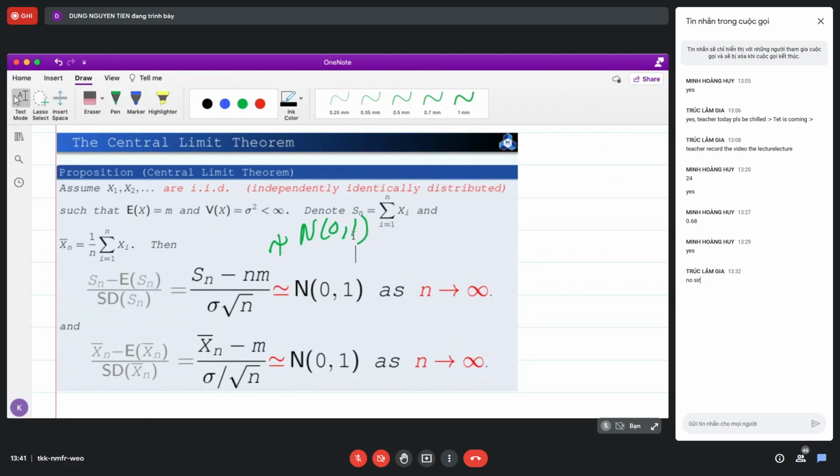However, the most interesting thing is that if n is big enough, if the sample size is big enough, then these standard scores approximately follow the standard normal distribution.